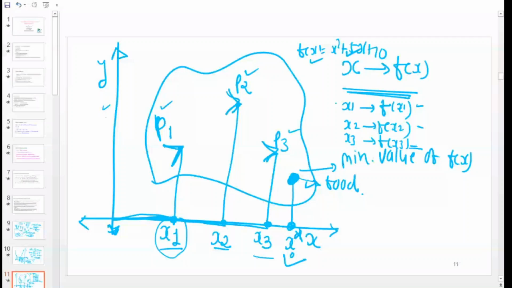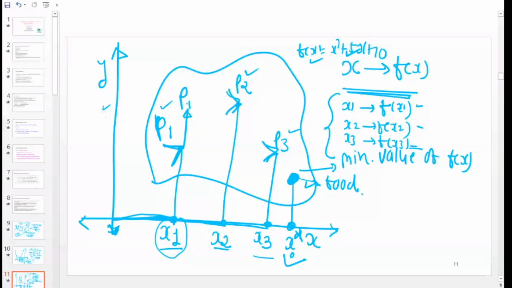Now, using some rules, which we will see, using some mathematical equations, every particle will move here and there. It means every particle will change its position. Assume that this particle has changed its position, and this is the new position of the particle P1.